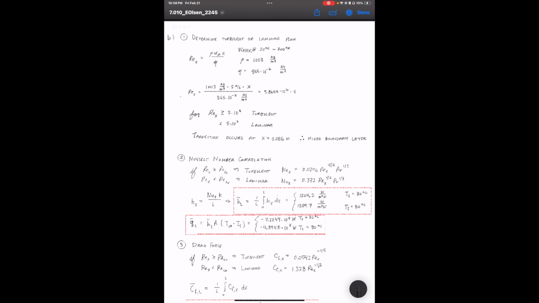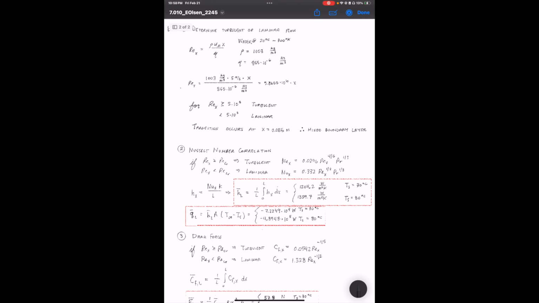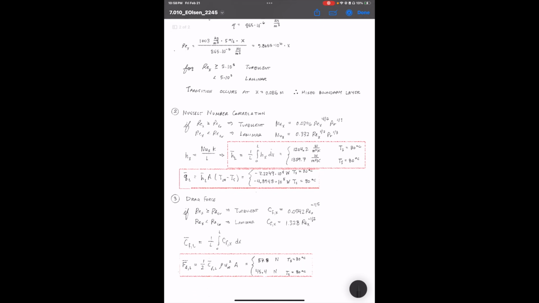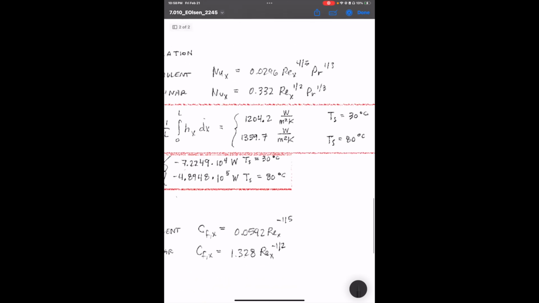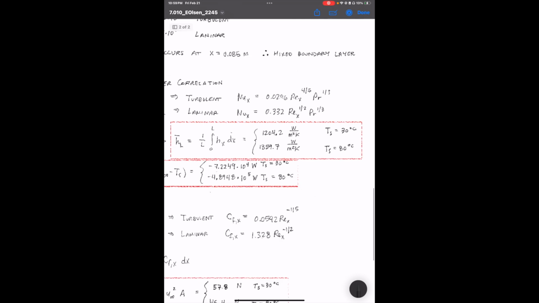So again, you can make that assumption that most of the flow is laminar, but just for more precision, I just assumed it was a mixed boundary layer and evaluated at every point in x using MATLAB, using the same exact Nusselt number correlations, which resulted in average heat transfer coefficients of 1204.2 watts per meter squared Kelvin at a 30 degrees Celsius surface temperature, and 1359.7 at 80 degrees Celsius.